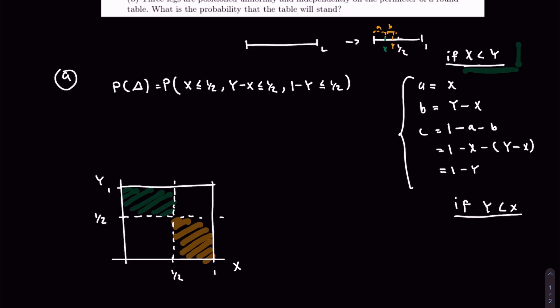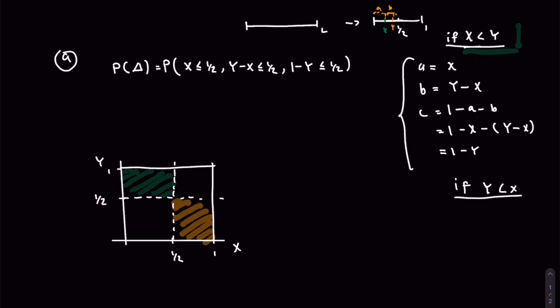What do I mean by triangle? I'm actually not referring to the same triangle, sorry. I'm just saying that this will result in a triangle when we look at these conditions. So let's look at these conditions and think about in which region we are.